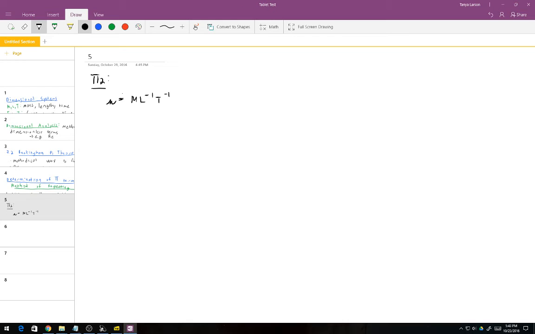And then I'm going to divide by rho, because that's the only other thing with a mass in it. So that's going to get me L to the negative 1, T to the negative 1, over L to the negative 3. And so my masses cancel out, and I'm going to get T to the negative 1 over L to the negative 2. And that becomes L squared over T.